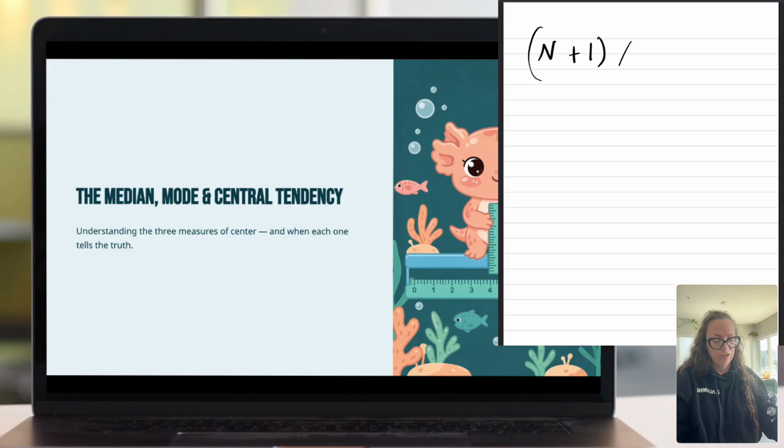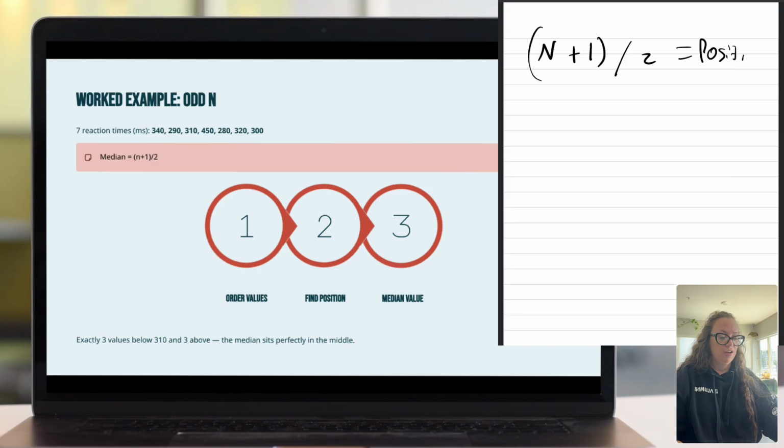And then look up the value that's at that position. So this is calculating the position of the number that equals the median. If the position is a whole number, that's your median. If it's a decimal, like 5.5, then you average the two values on either side. Okay, so this helps you to find the position.